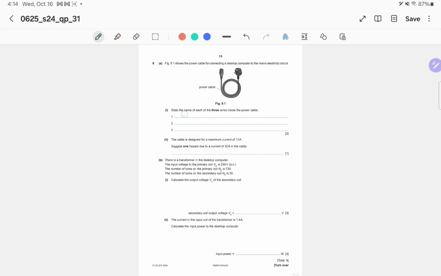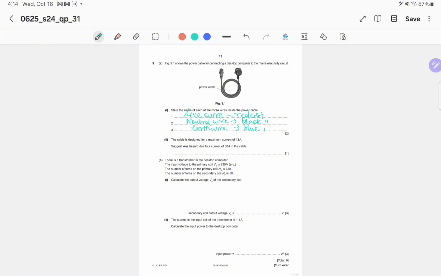We need live wire, it's red in color. And then neutral wire, neutral will be black. And the last one is earth wire, it will be blue in color.